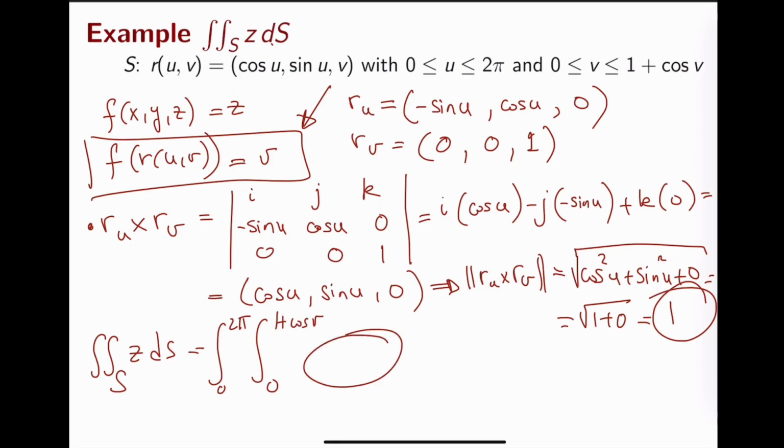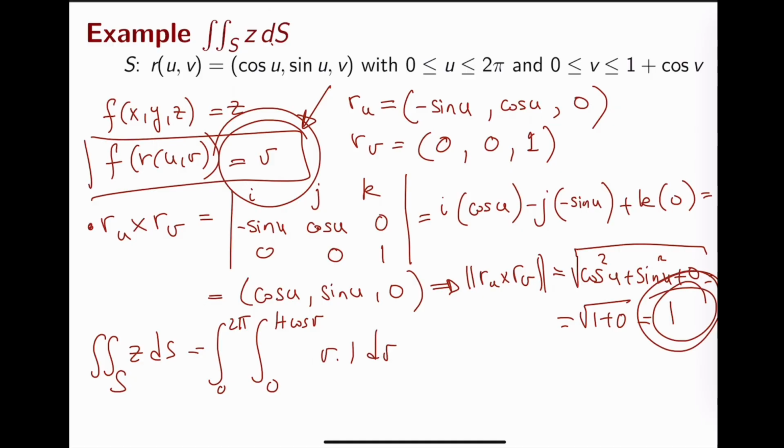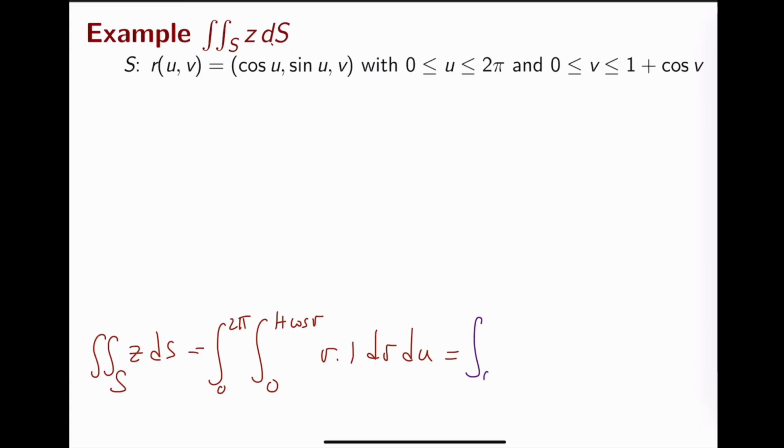And in here we multiply the two things that we obtained, v times 1, so v times 1 dv du. So this will be the integral between 0 and 2 pi du. We leave this for the end, and first we calculate this inner integral.